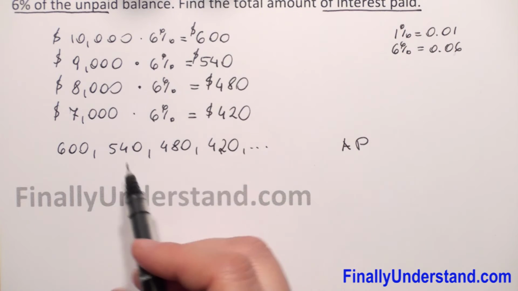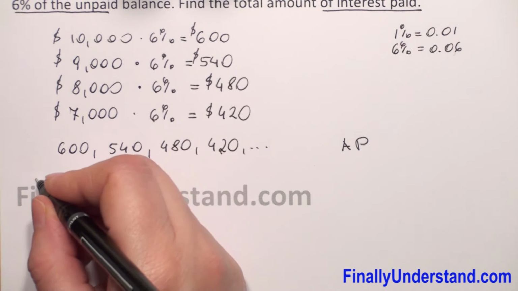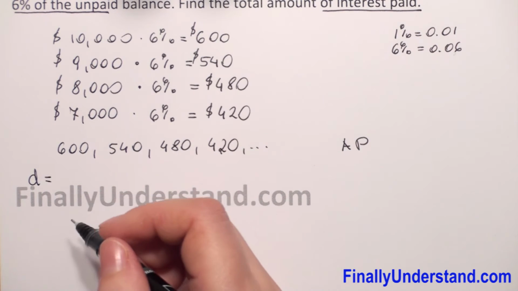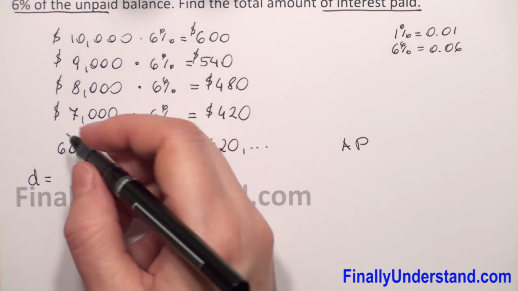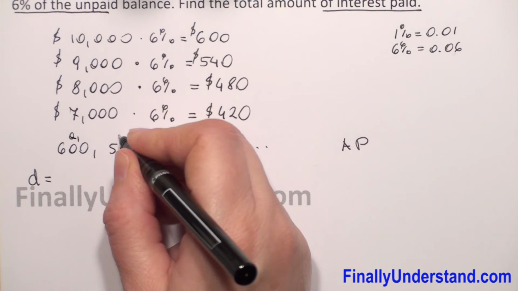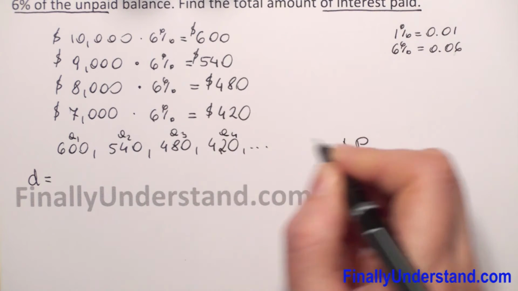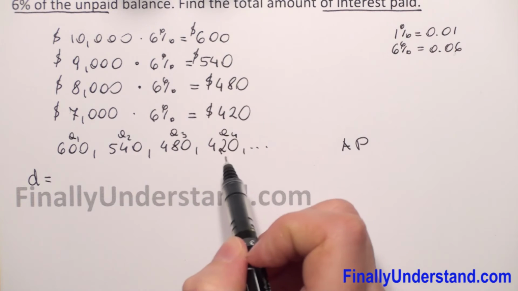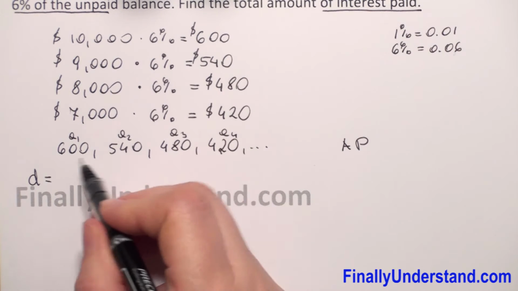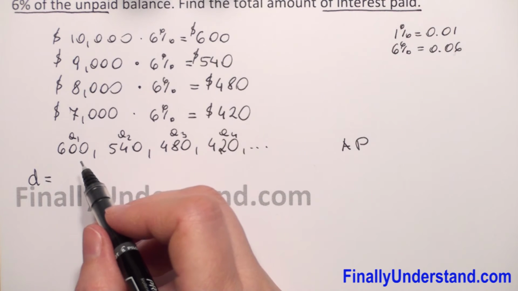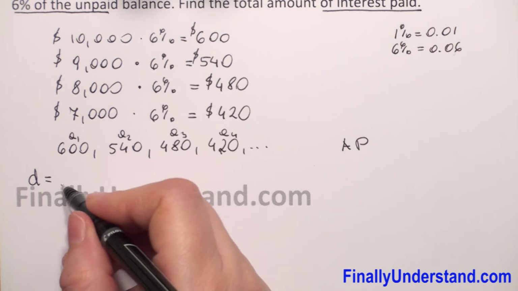So we see that the common difference between these terms, D, is negative 60. This is A1, first term, the second, the third, the fourth, and so on. We have here arithmetic progression one more time. Why? Because the difference between two consecutive terms is constant.